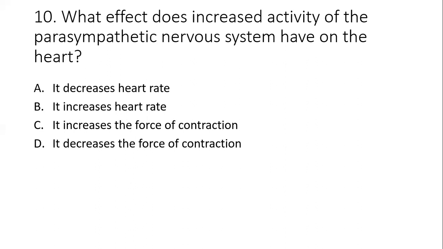Blood pressure is determined by cardiac output and peripheral vascular resistance, so I'm sure you could say that blood pressure would be reduced as well. Yeah, because sympathetic activity increases our heart rate and increases our blood pressure.